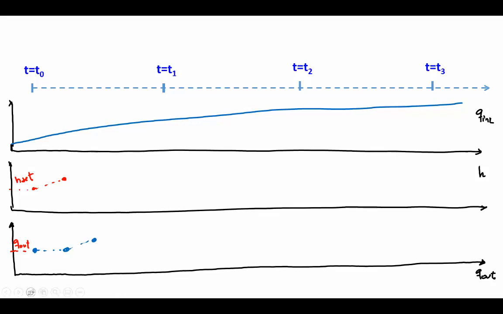However, due to the amount of liquid coming in, maybe the H continues to increase. At that point the controller reads that height and decides to open the valve even more.